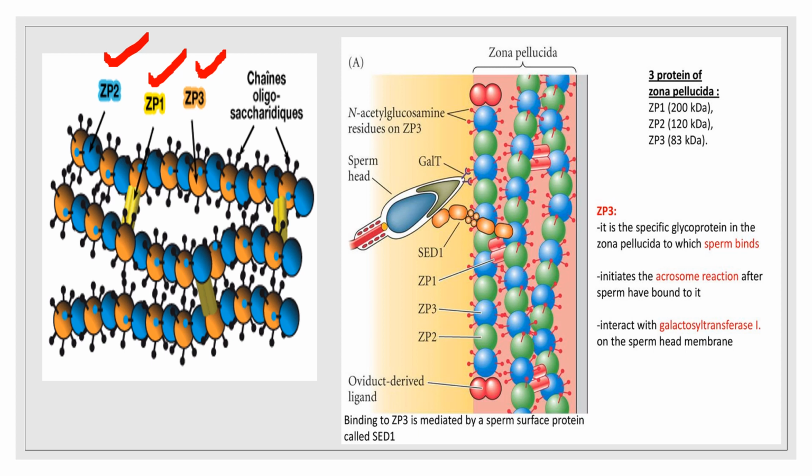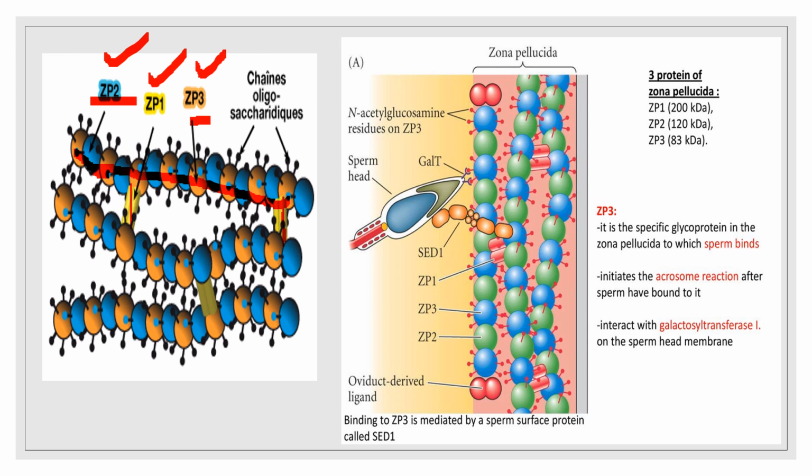Now ZP2 and ZP3 combine to form the basic unit that polymerizes into long filaments, which are periodically linked by the cross bridges of ZP1, like this.